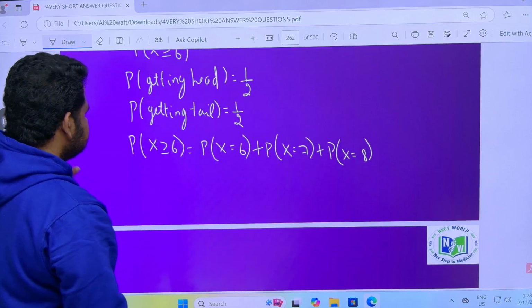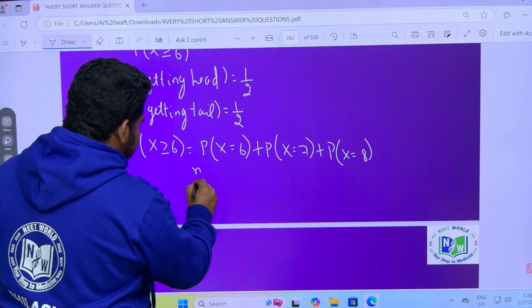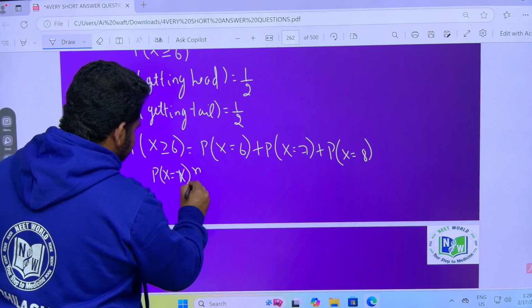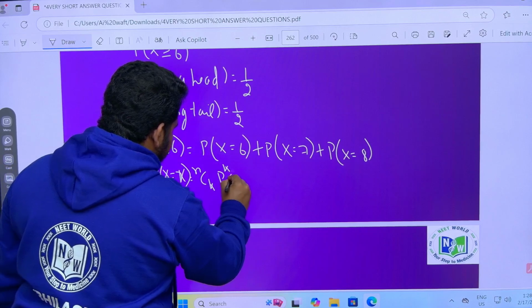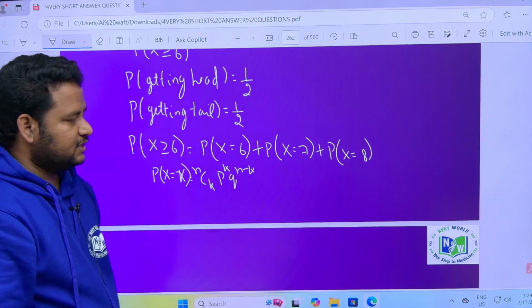The formula we have is P of X equal to k is nCk p to the power of k and q to the power of n minus k.